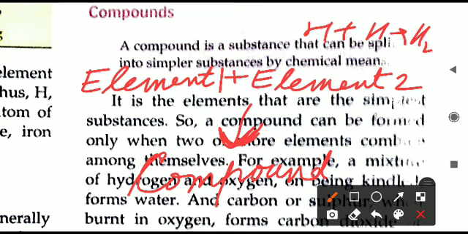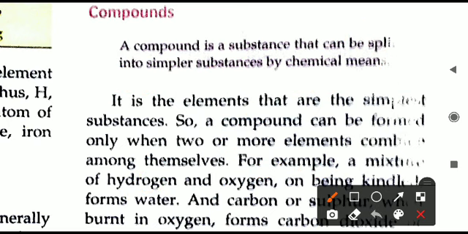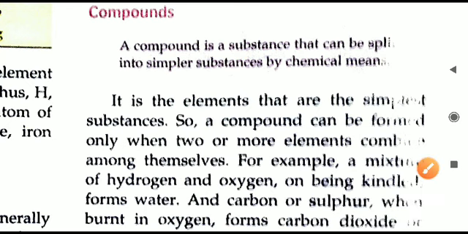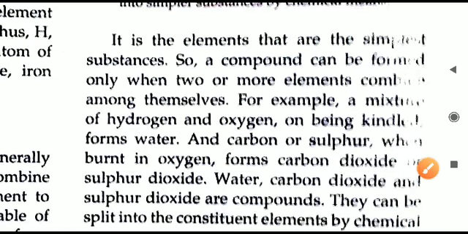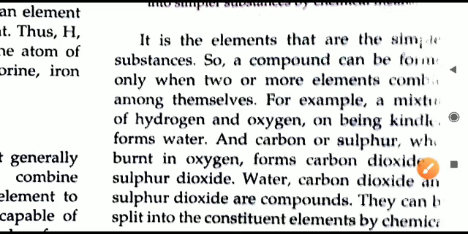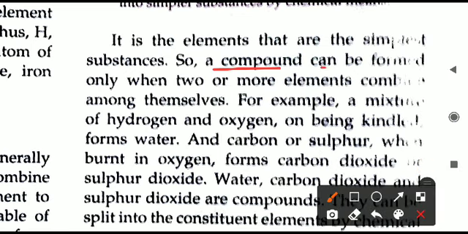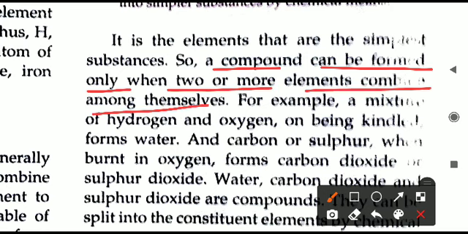So it is not a compound, it is a molecule. But when hydrogen and oxygen are joining, then a compound will form, water will form. That we will see later on, the equations and all. So when different elements combine together, a compound is formed. That only is written here. You can also mark in your book. A compound can be formed only when 2 or more elements combine among themselves.